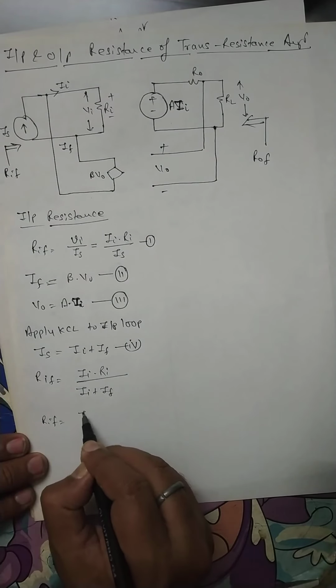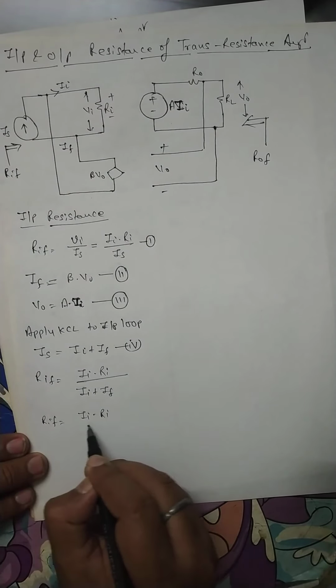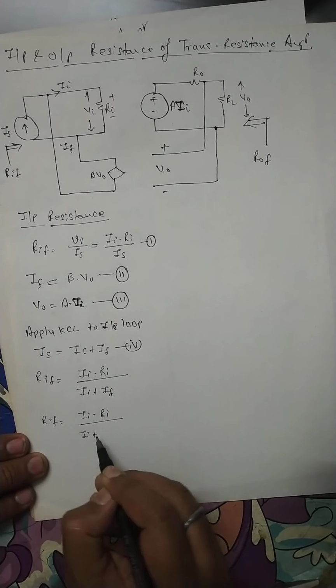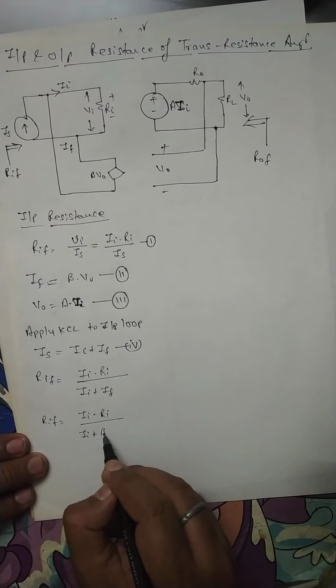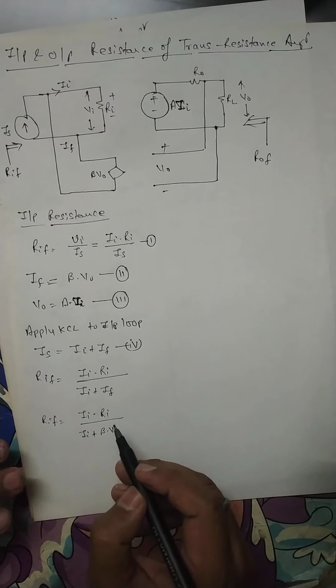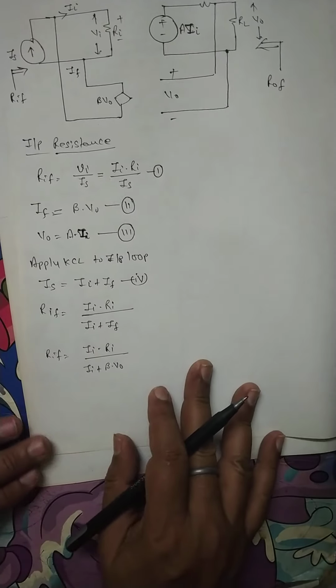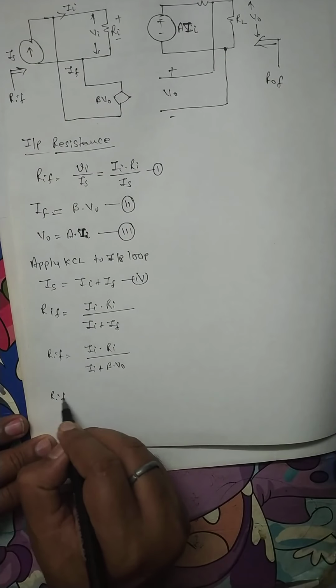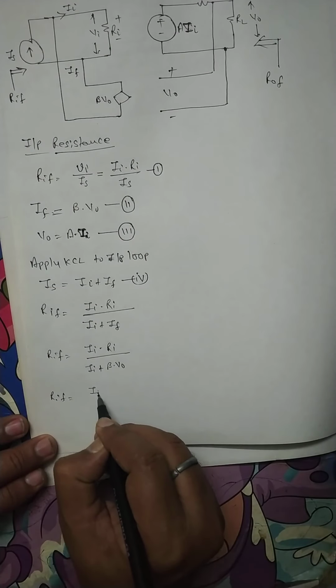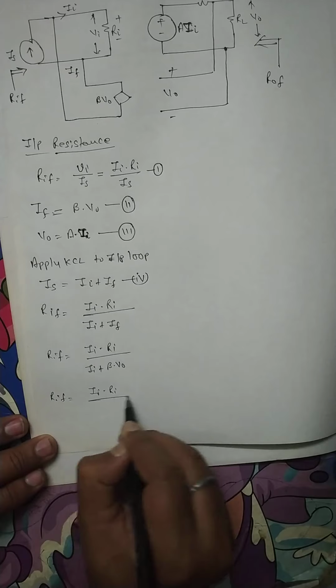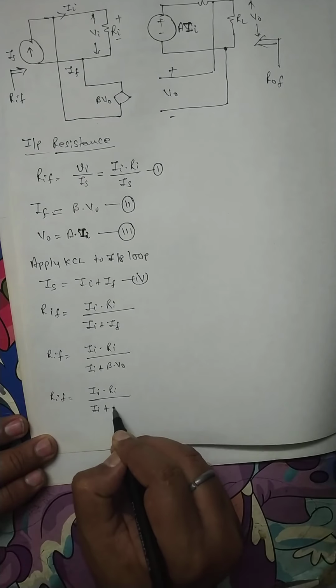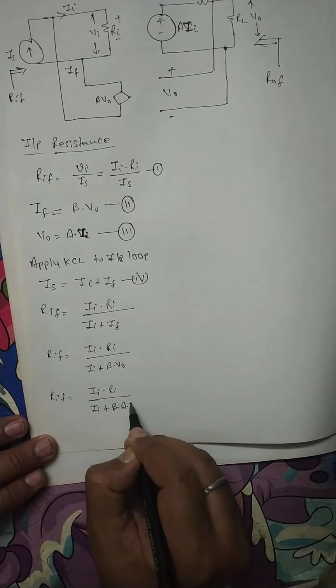Rif = Ii × Ri / (Ii + If), where If = beta × V0, and V0 = A × Ii. So it will be, just see, Rif = Ii × Ri / (Ii + beta × A × Ii).